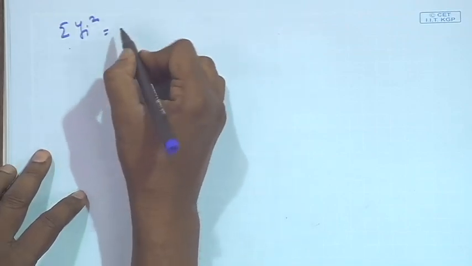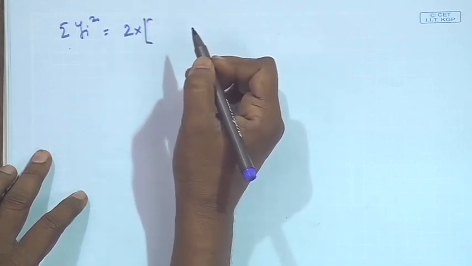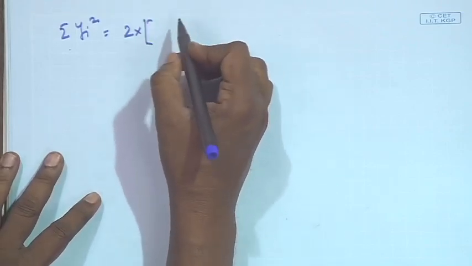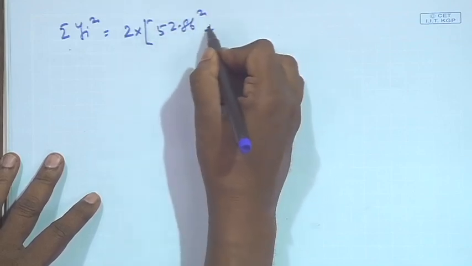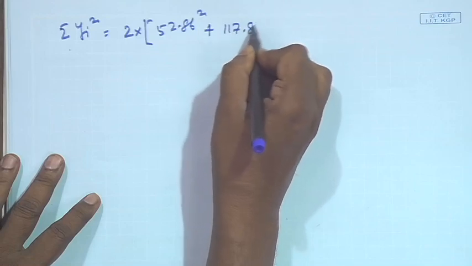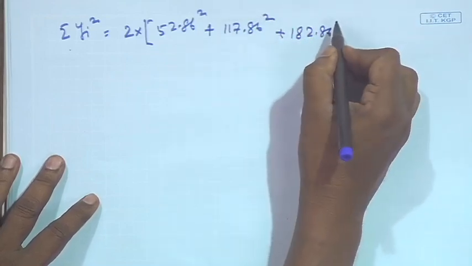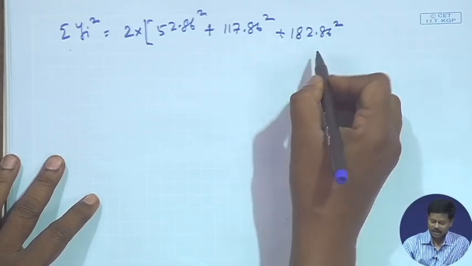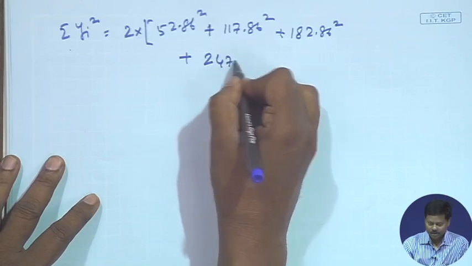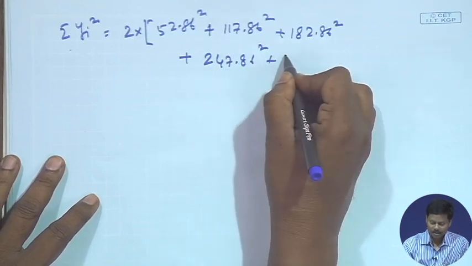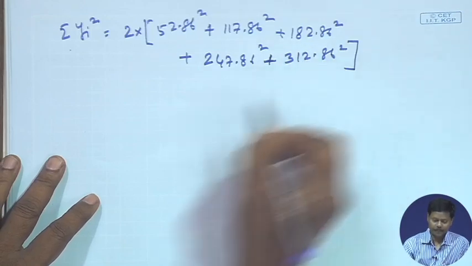Similarly, I can find out summation of yi square. This will be 2 into, if I calculate, the first one y1 will be 52.86, then the second one will be 117.86, third one will be 182.86. The way I have calculated yi, in a similar way I can calculate yi square: 247.86 square plus 312.86 square, right.